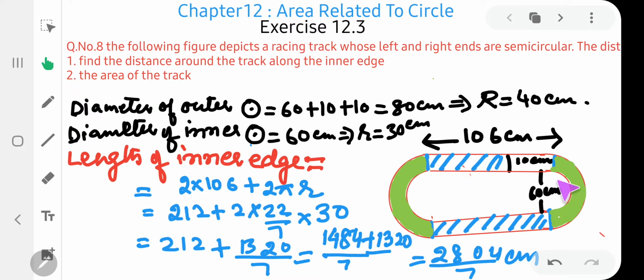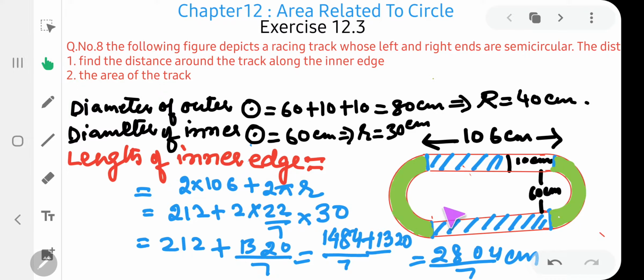So two circular ends are there and one straight line of 106 centimeter this side and 106 this side. The total track is made up of a semicircle this side and a semicircle this side. So if you add the two semicircles, you will get one complete circle.